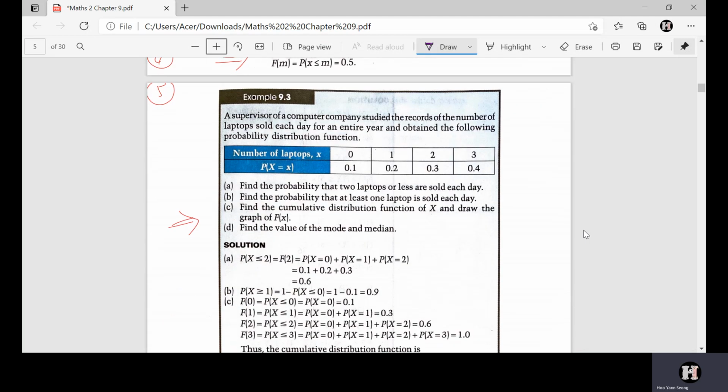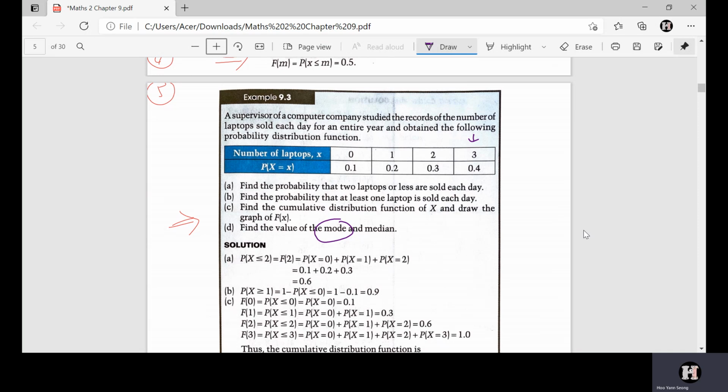For example, this question asks you to find the mode and the median. The mode is the one with the highest probability, so it is the number that occurs the most. It's not 0.4, 0.4 is the probability. So 3 is your mode.